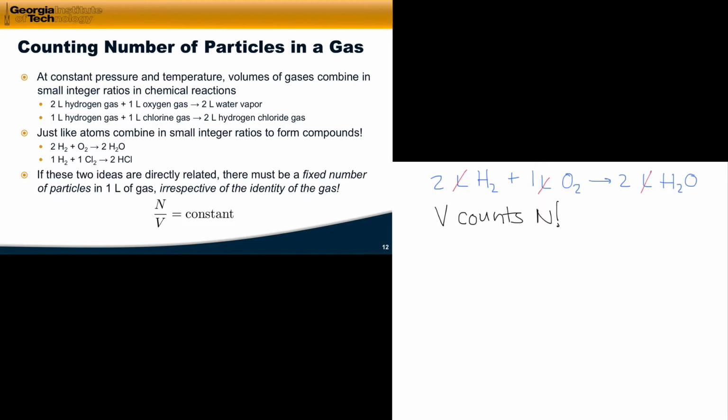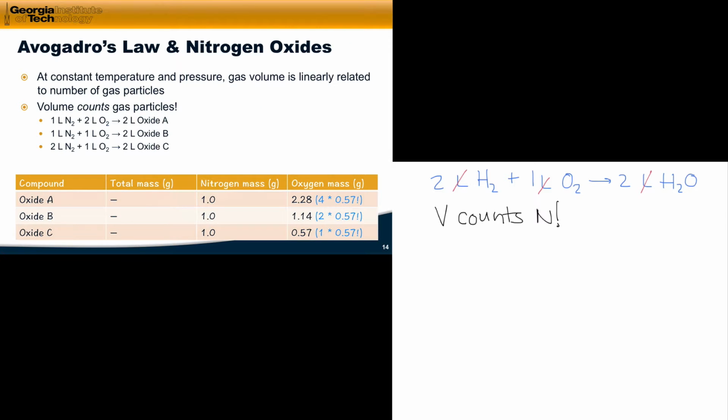With pressure and temperature constant for an ideal gas, N over V is going to be a constant ratio, or the inverse of the molar volume, which is the volume per number of particles, essentially, for a gas. So here it is again, restated at the top of the slide. At constant temperature and pressure, gas volume is linearly related to the number of gas particles, or volume counts the number of gas particles.